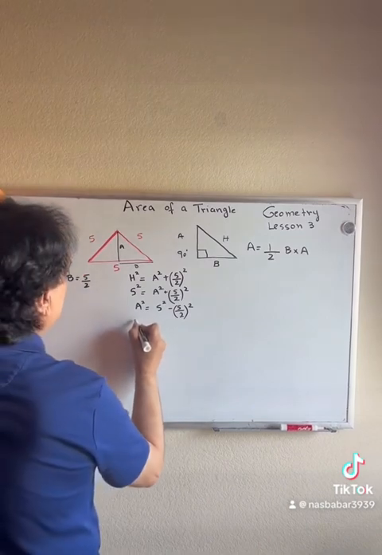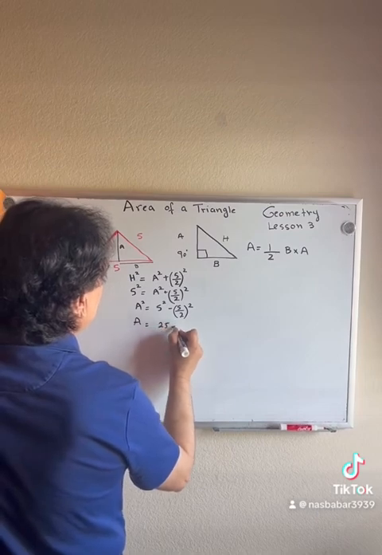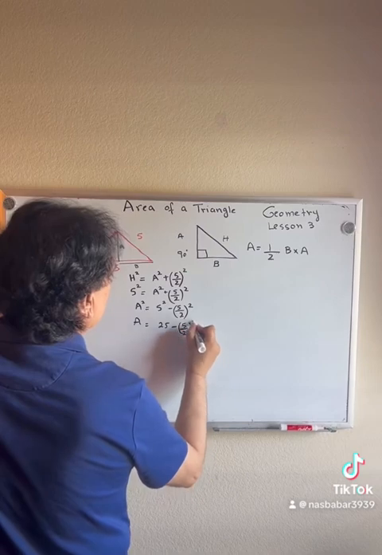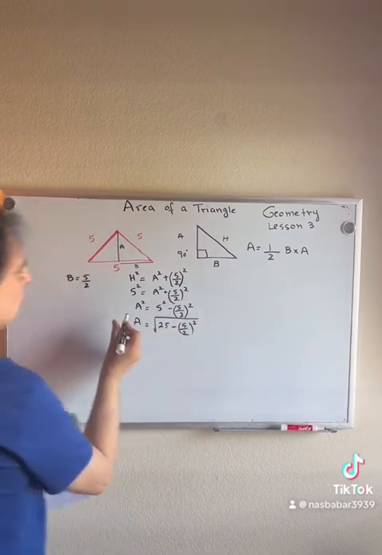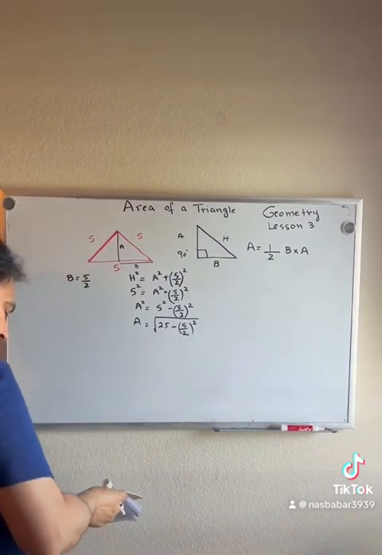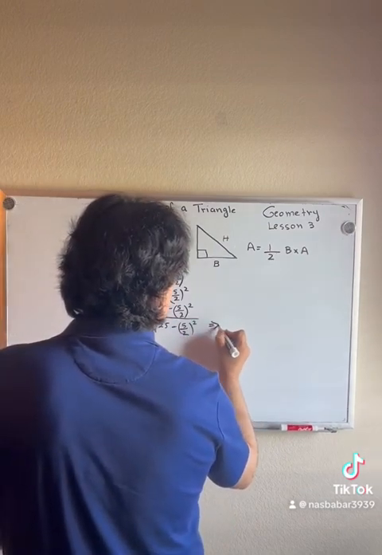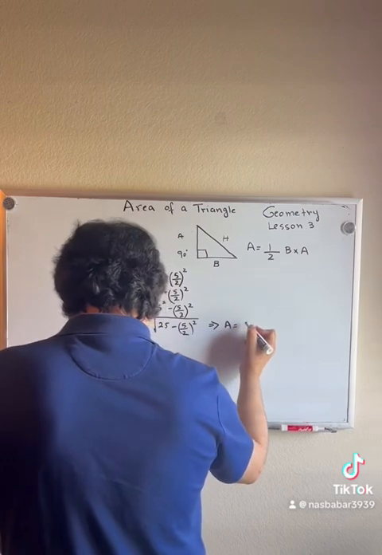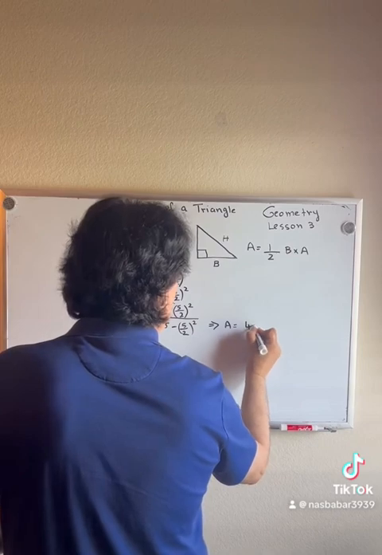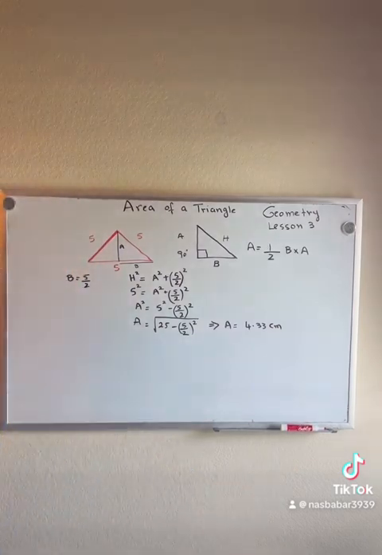So then A is equal to the square root of 25 minus 5/2 square, under the root because I took the square off right here. Now when you solve this, you get value of altitude equal to, I did it already for you guys, 4.33 centimeters. Okay.